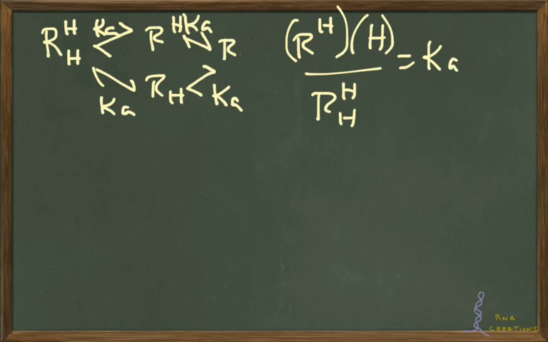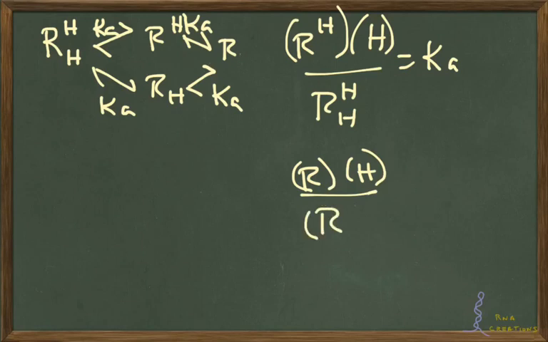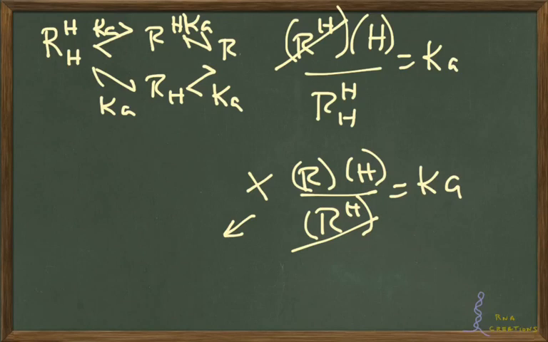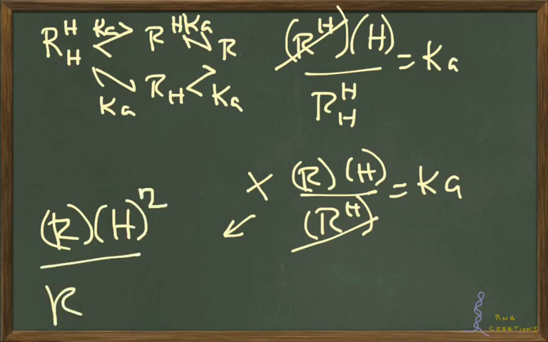That's equal to the Ka, and that's also equal to the Ka. So you can multiply these two equations together, and what will happen is you'll end up with R times H squared over RHH equals Ka squared, because it's Ka times Ka. So that's where the square comes from.